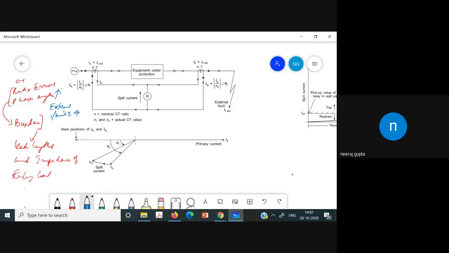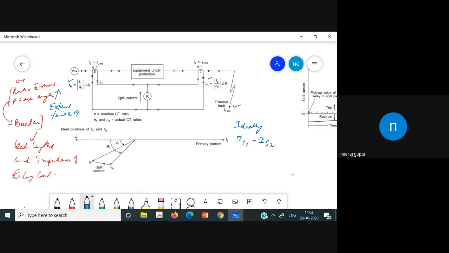Ideally, what we have assumed is that for an external fault, the secondary currents on both the CTs, IS1 and IS2, are equal in magnitude as well as phase. So ideally, IS1 equals IS2, which we assumed in the previous cases that we have discussed.